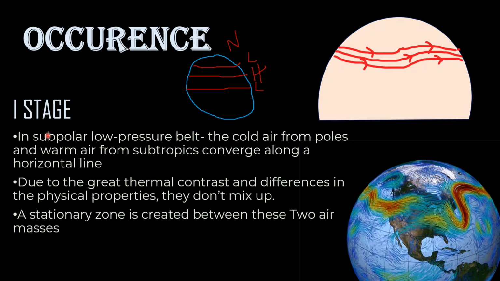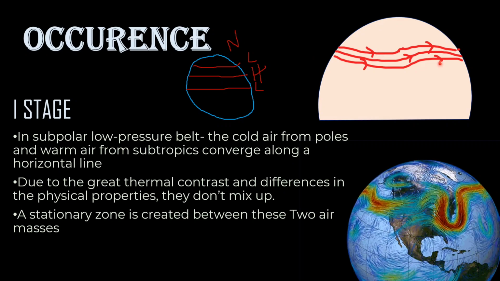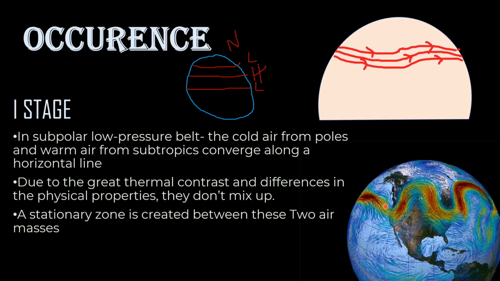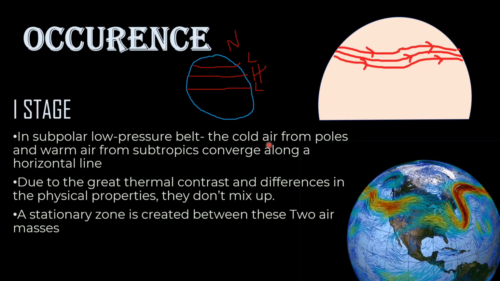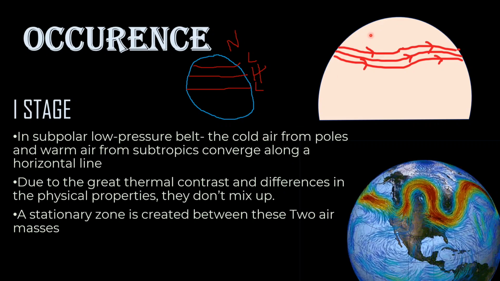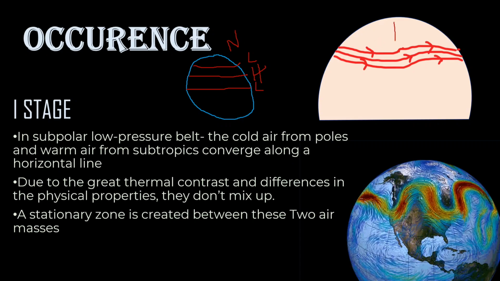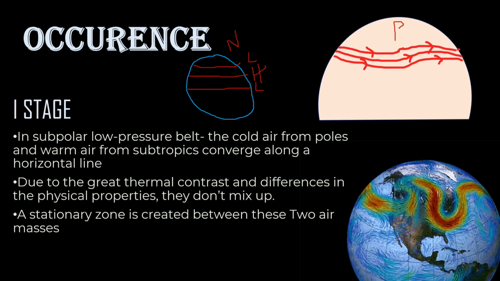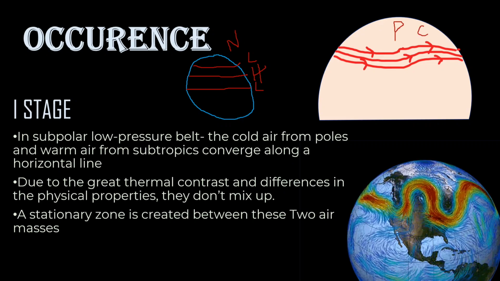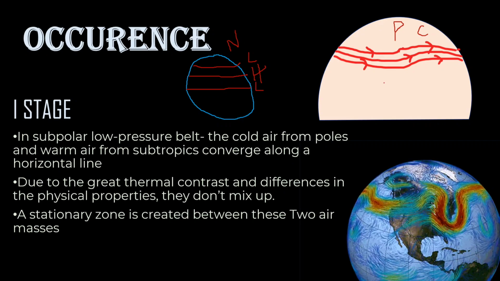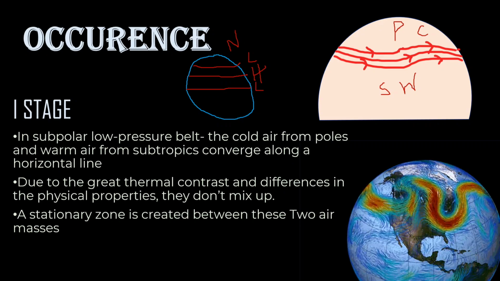So here is the first stage of formation of jet streams, in the subpolar low pressure belt. In this picture we can see the subpolar low pressure belt. Where does the cold air mass come from? From the poles, right? From the pole, cold air mass will come, and from the subtropics warm air mass will come.